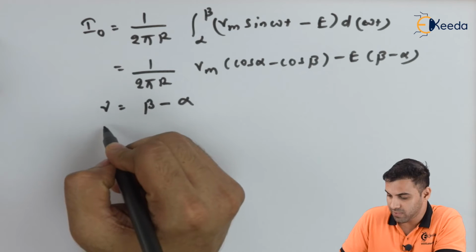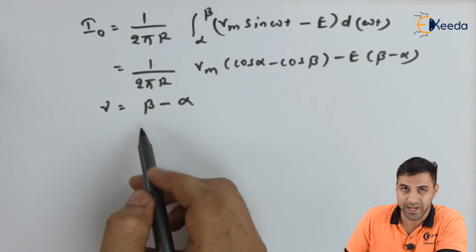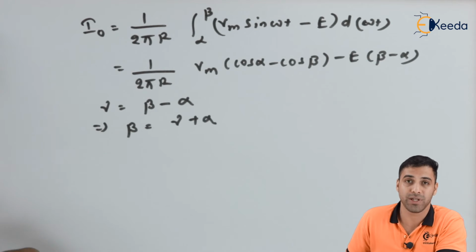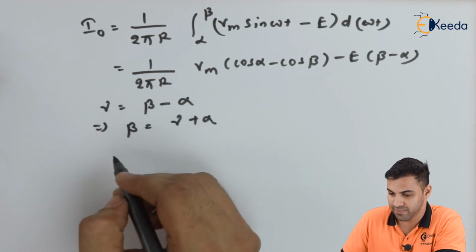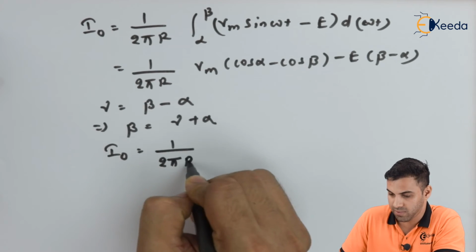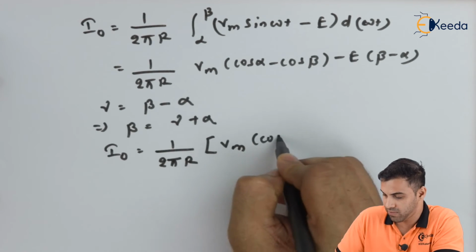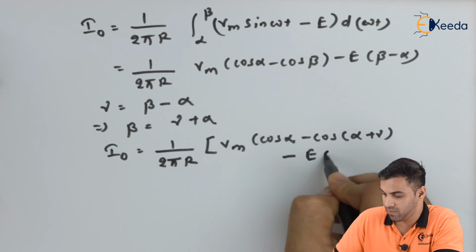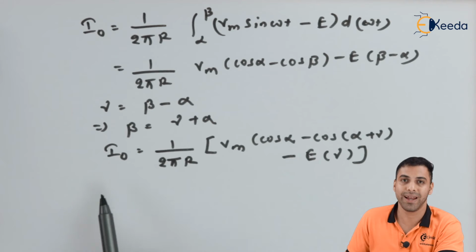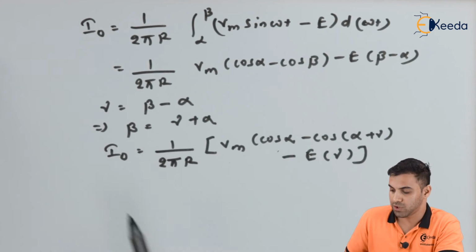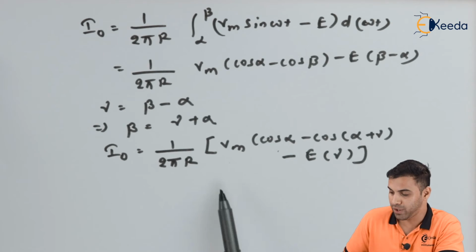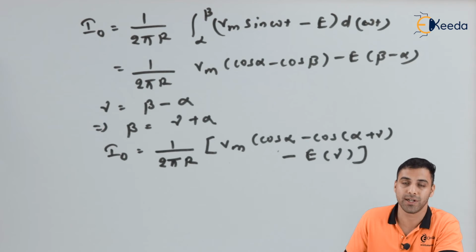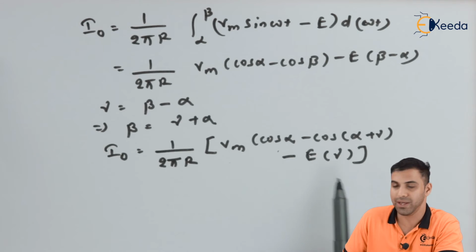Now, if we have to find the value of beta, we put the same value in the earlier equation and we get the final expression for the output current. So I naught is equal to 1 by 2 pi R into Vm cos alpha minus cos alpha plus gamma, which we consider as the conduction angle, minus E gamma.